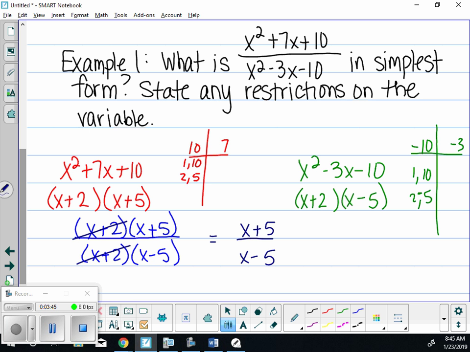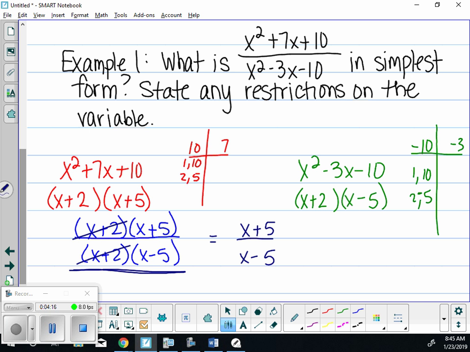Now, we get to the restrictions on the variables. What we've been looking at in the first few sections is where we're going to have vertical asymptotes. Where is the denominator going to equal 0 and cause problems, be undefined? So once you have this factored, what values are going to make the denominator 0?